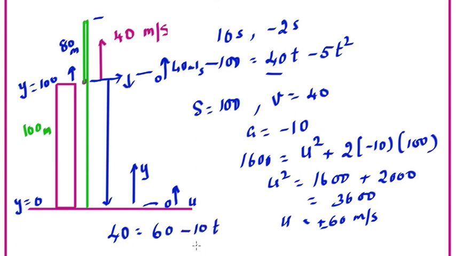There you go. t is 2 seconds. That means when this person threw the stone up, it took 2 seconds to reach that point. And it's going at 40 meters per second upwards. So if I take this point at t equal to 0, naturally when else was the displacement minus 100? Answer: minus 2 seconds. That is 2 seconds earlier.